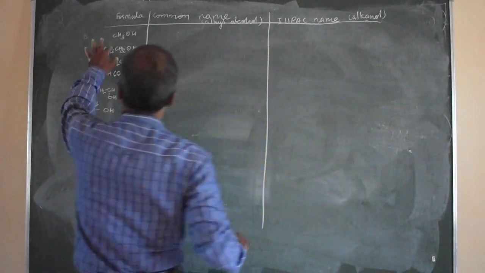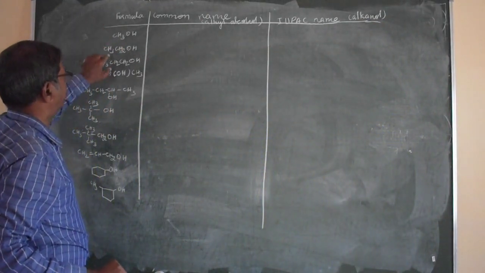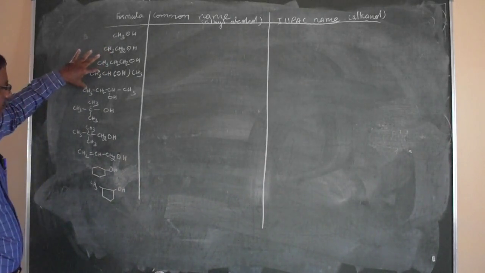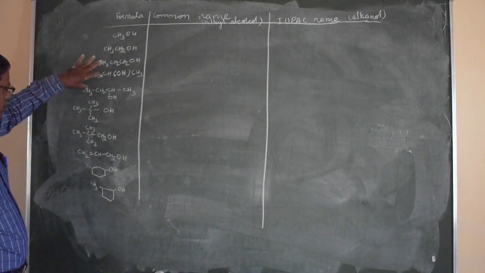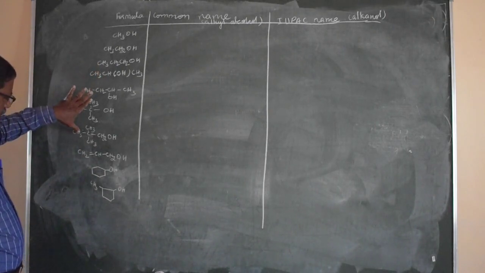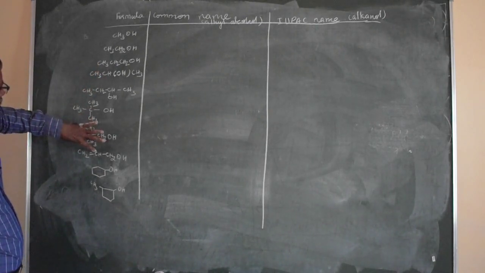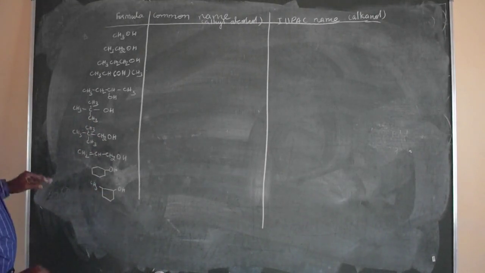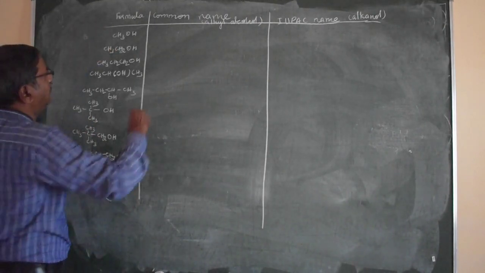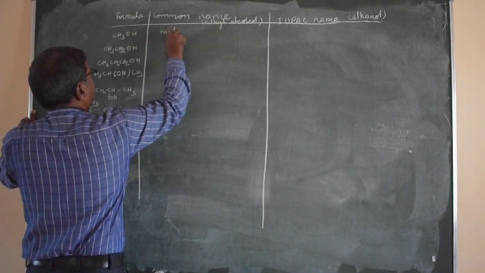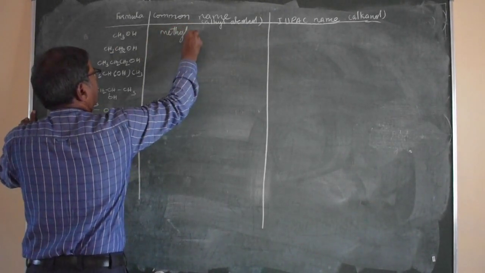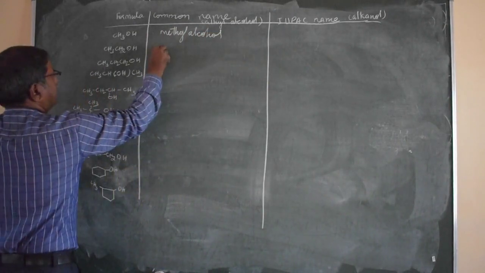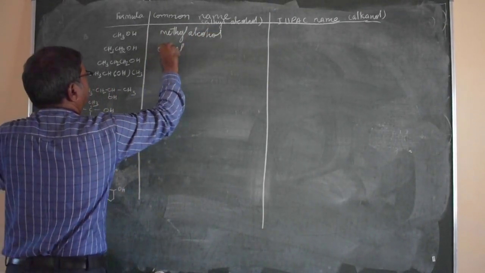For the common names: methyl, ethyl, propyl, then isopropyl, then butyl, neo, then vinyl. We don't have a common name for this. Now it's one carbon, so we can write it as methyl alcohol, common. This one is ethyl alcohol.